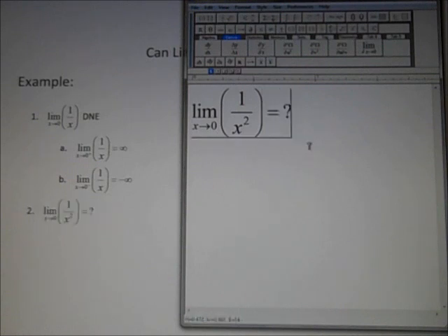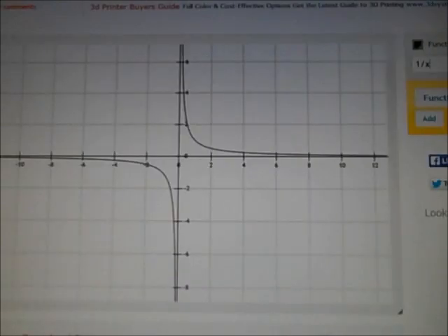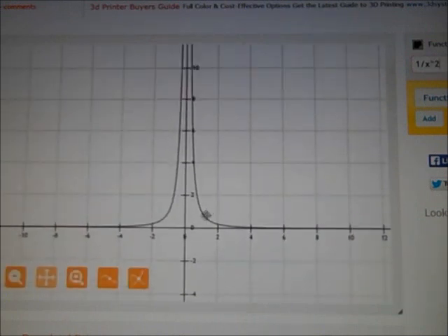Now I'm going to look at 1 over x squared. And the question is, does this limit exist? We got that the limit of 1 over x does not exist because the left and right hand sides were not the same. But now let's look at 1 over x squared. Let me change this function and move my graph a little bit.